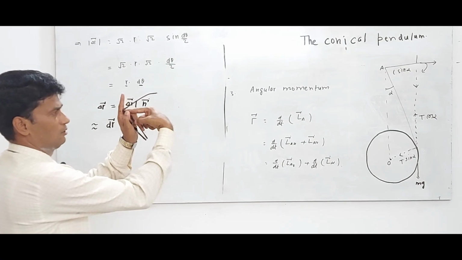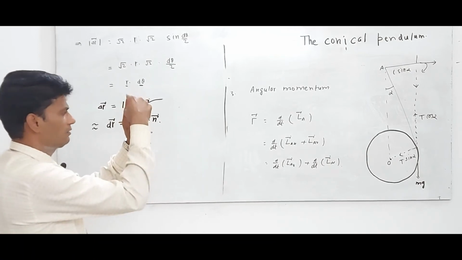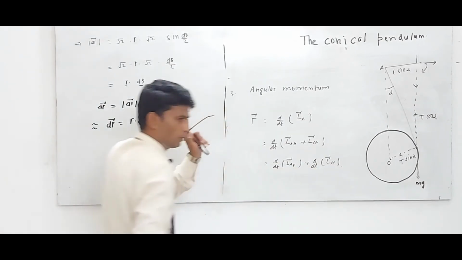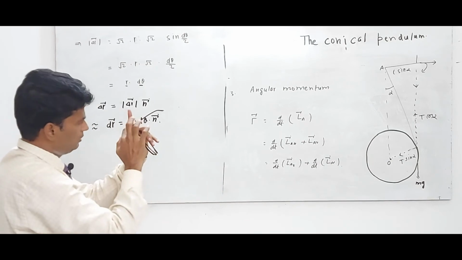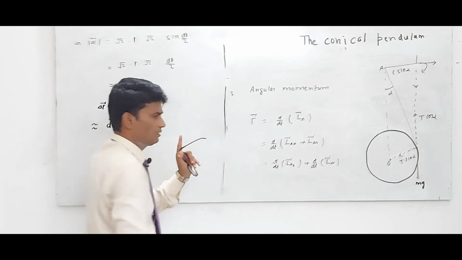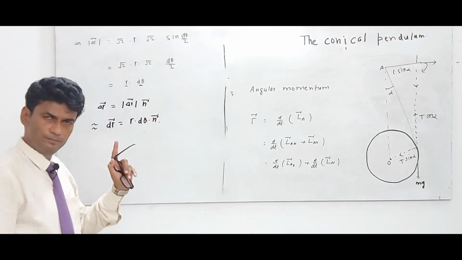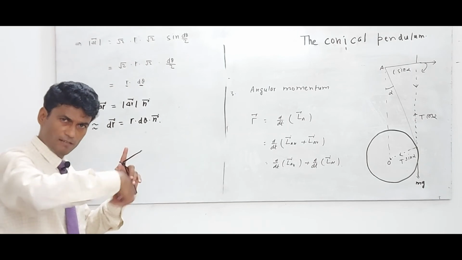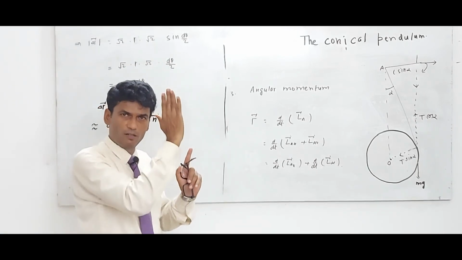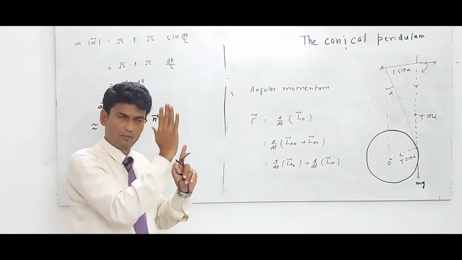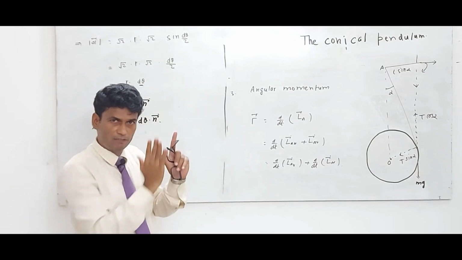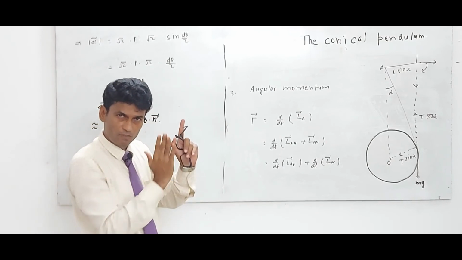Its component in the vertical direction is LAV, and here is the horizontal component. We have seen the angular velocity vector is upward. So the vertical component of the angular momentum vector and the angular velocity vector are in the same direction.